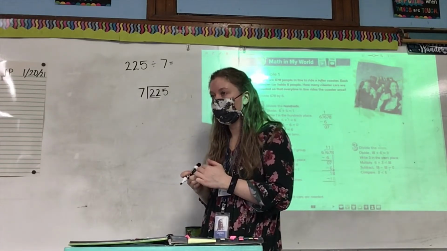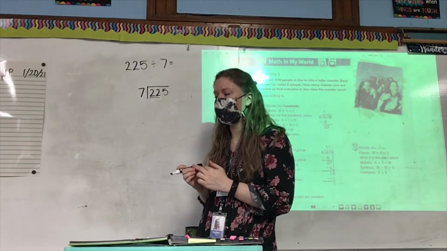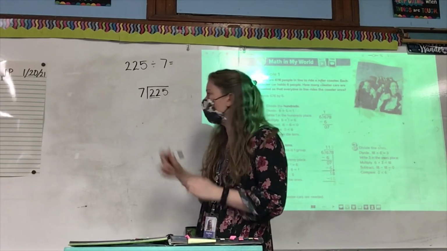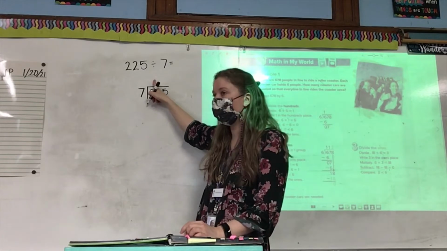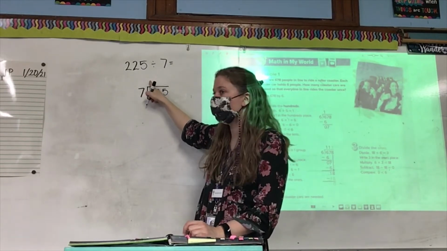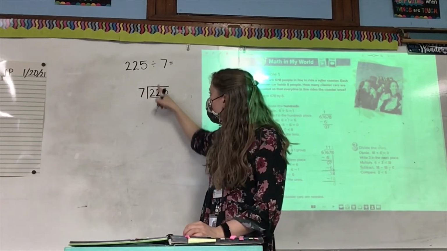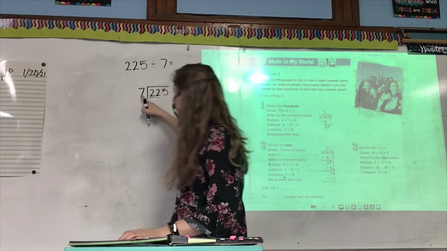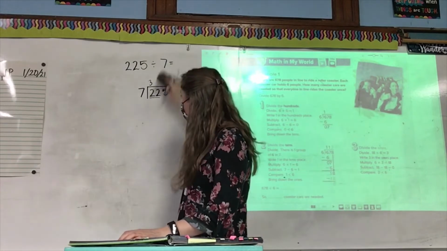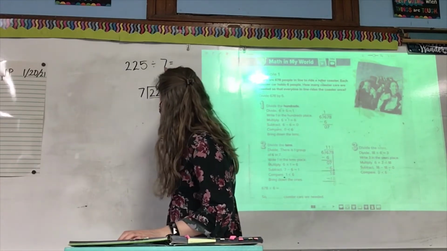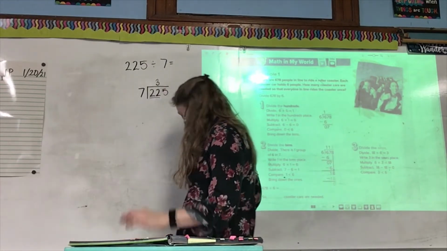It will go in 3 times. Where do we put that 3? We put it above the second digit, because we're not saying 7 will go into 2 3 times. We're saying 7 will go into 22 3 times.